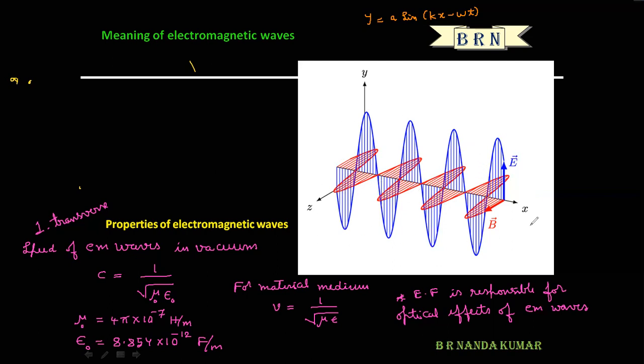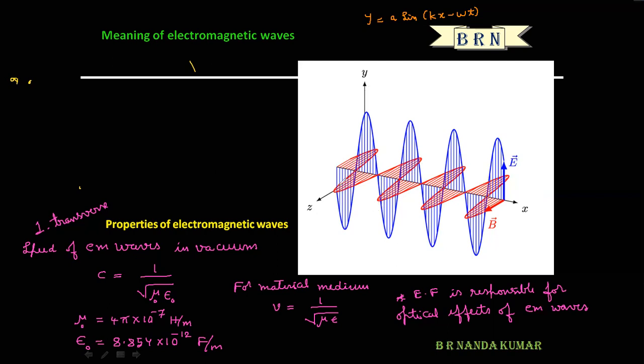Look at this diagram carefully. So this is the variation of electric field, which varies along the y-axis. And this is the variation of magnetic field, the time varying magnetic field.